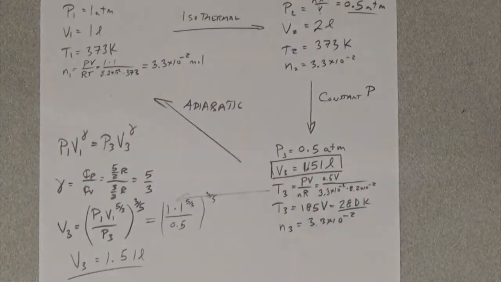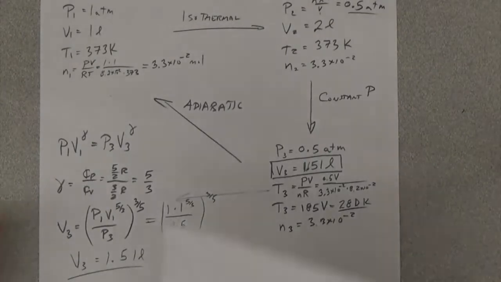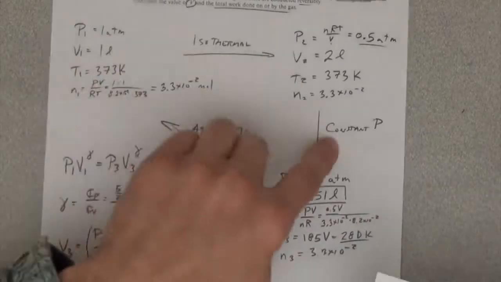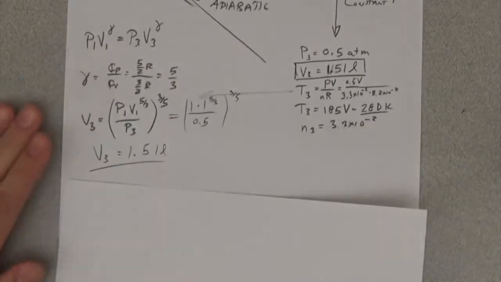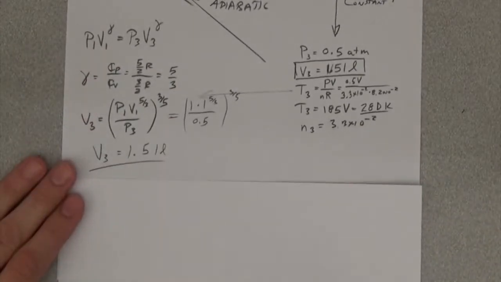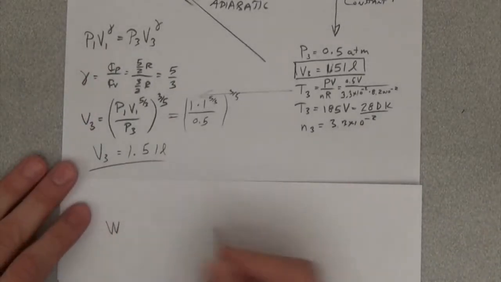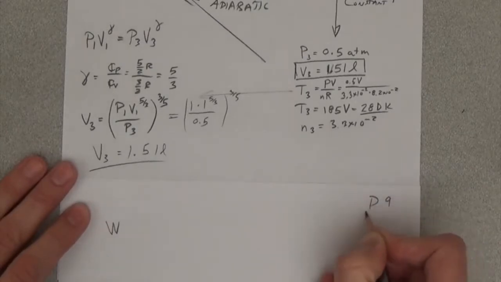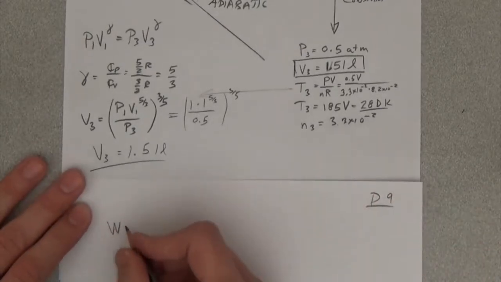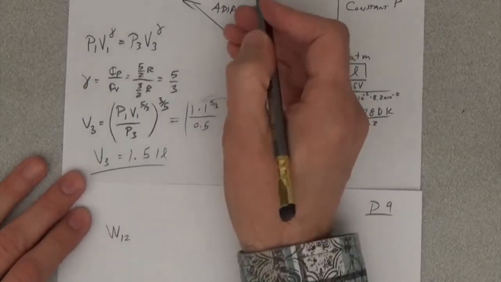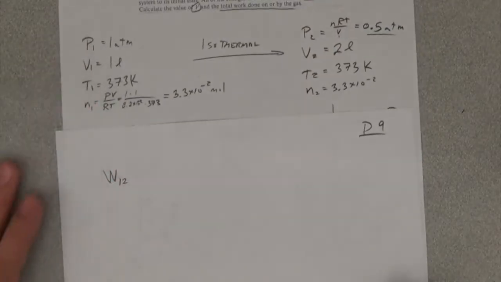And the next part of the problem is to determine the work for each one of these three transformations. And this is on page 9. The first, from state 1 to state 2, is isothermal.